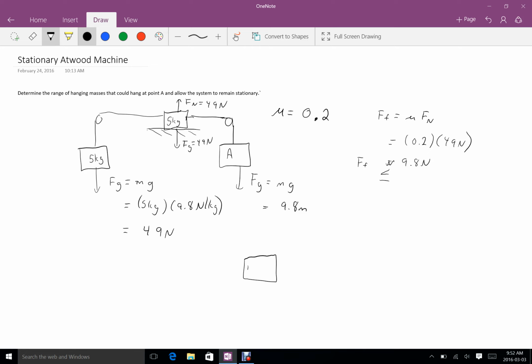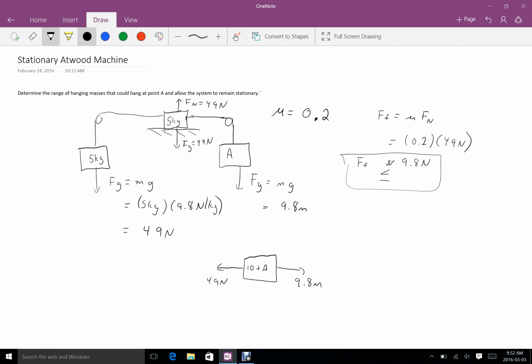Its mass would be 10 plus whatever A turns out to be, or the mass of A. And for the sake of argument, I'm going to put the force of gravity, this 49 newtons, acting this way. I'll put the force of gravity on object A going this way. And so we can see that those two forces oppose each other. And then the only force that I haven't included is my force of friction.